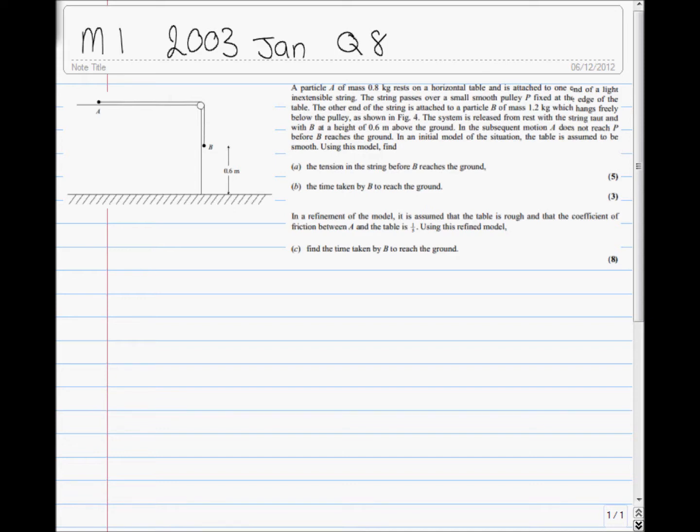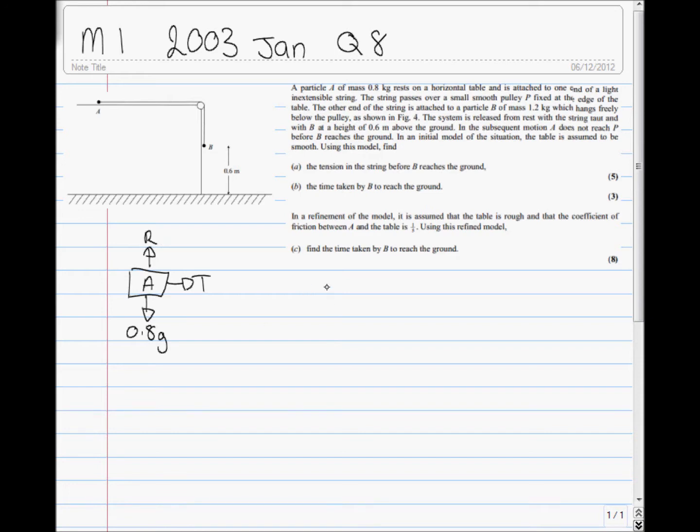So I have particle A, which has tension acting that direction. We have a mass, so we've got 0.8 g acting down, and we have a reaction force acting up, of course.